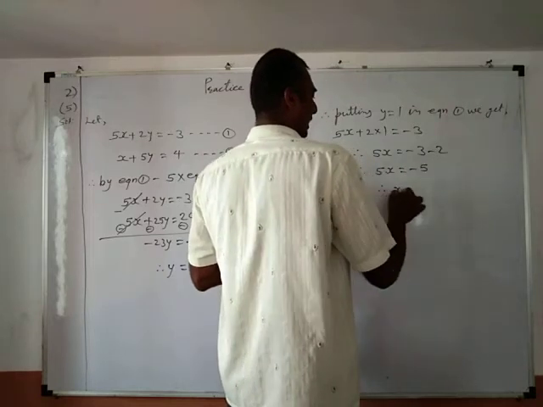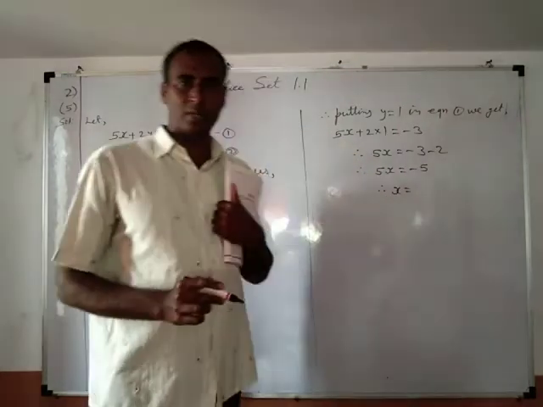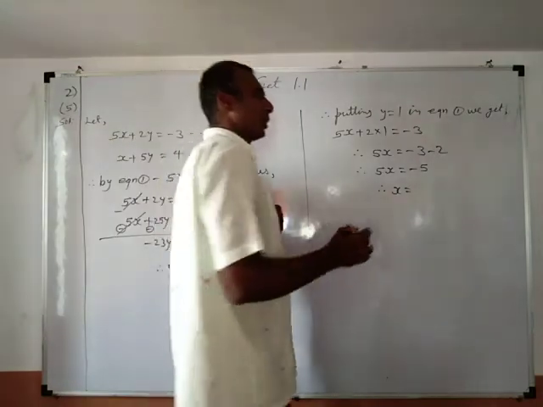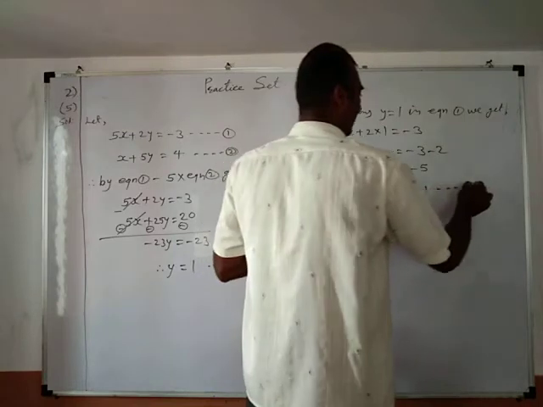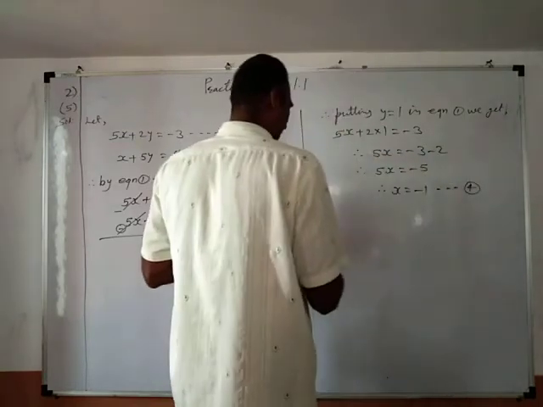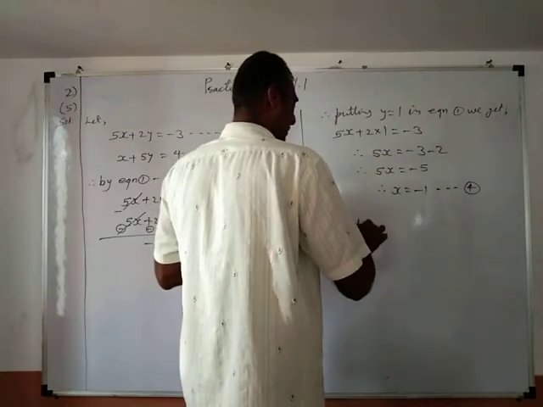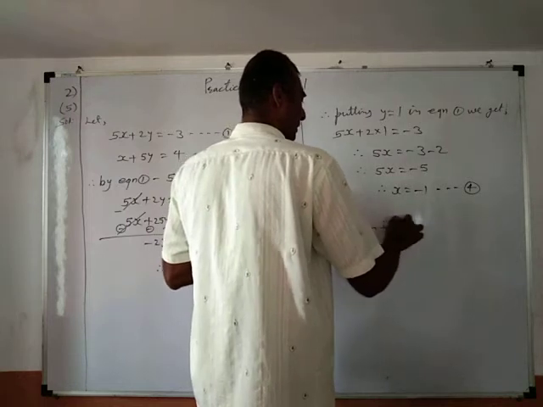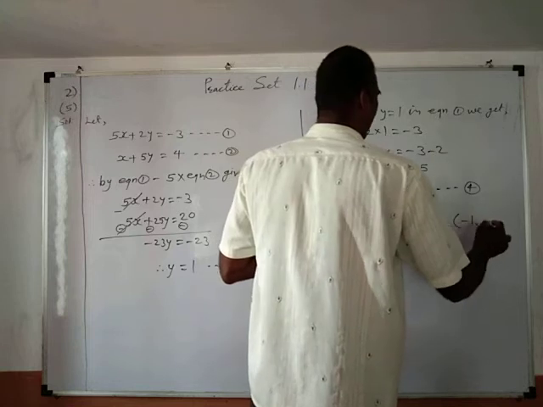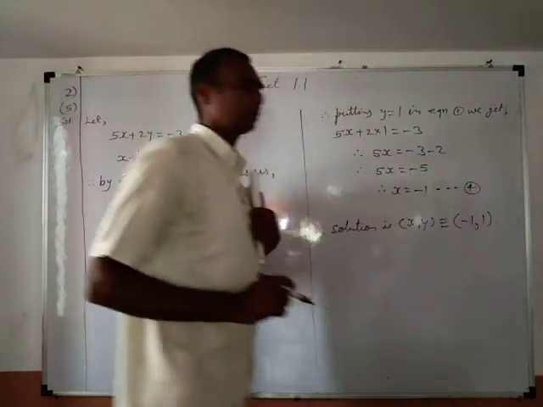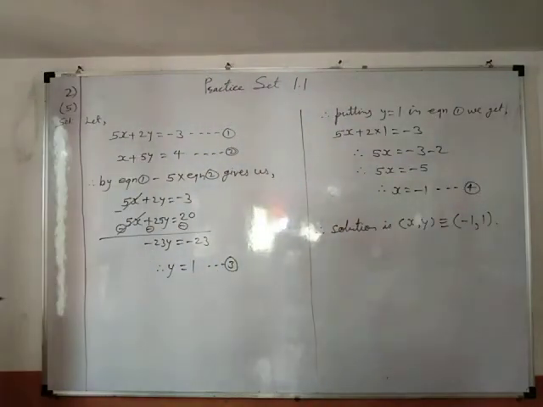And therefore x equals minus 5 upon 5. 5 ones are 5 and sign will be minus 1. Equation 4. And therefore solution is a set of x, y must be minus 1 comma 1. Okay, this is the solution for question 5th.